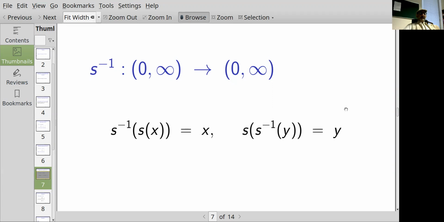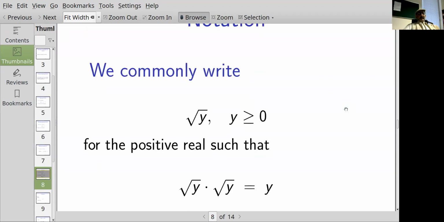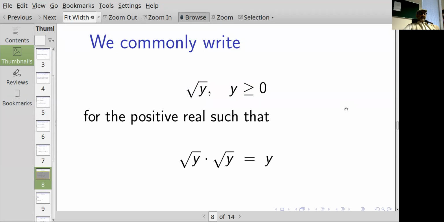Okay, so I can take that first equation and I can differentiate it using implicit differentiation and the chain rule. And then I will solve for the derivative of the inverse function. Some notation I should mention.